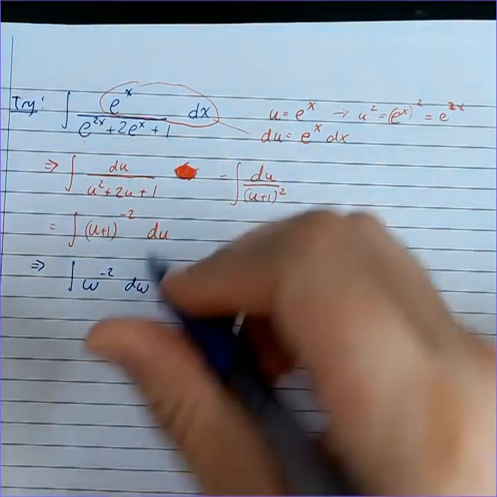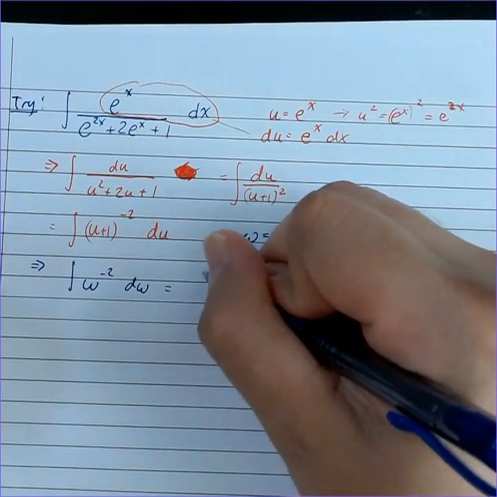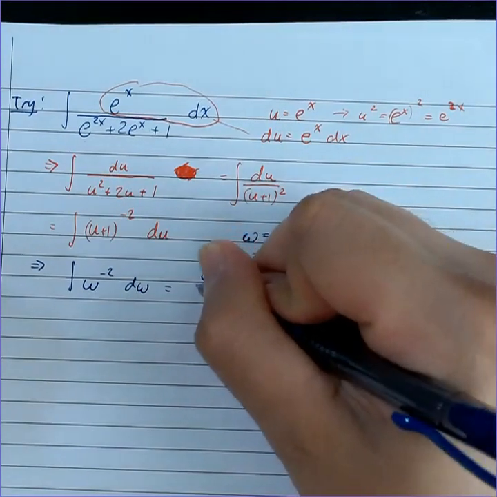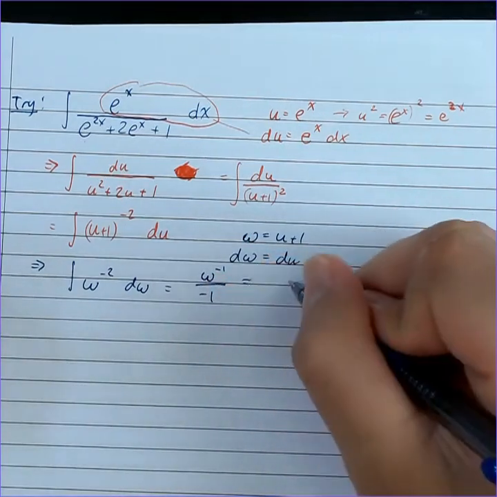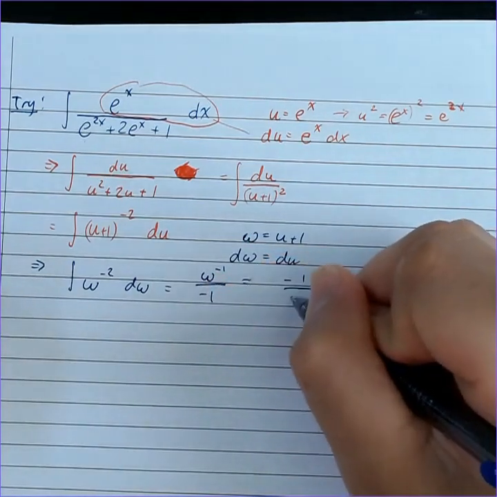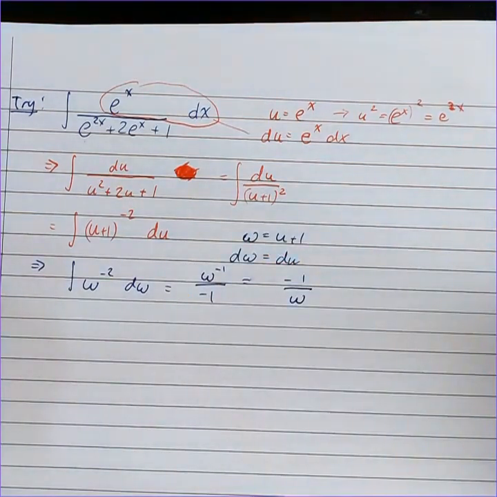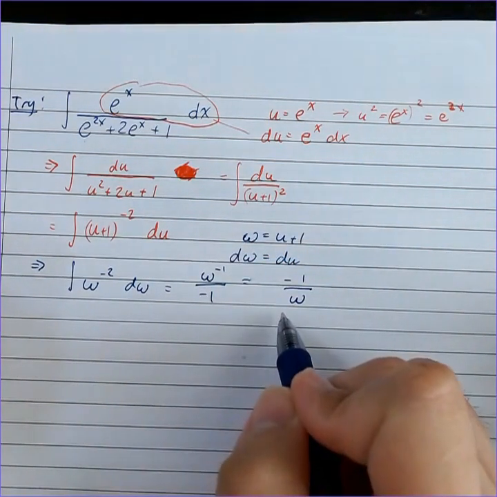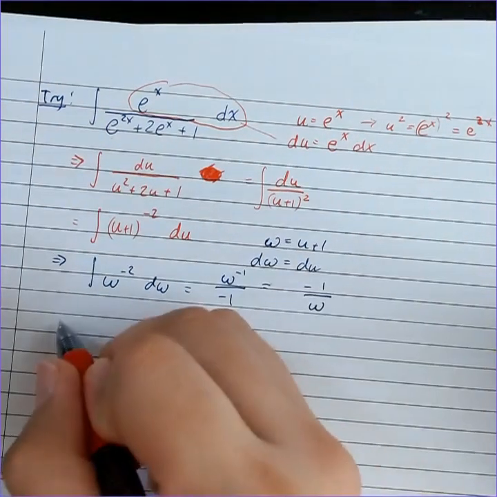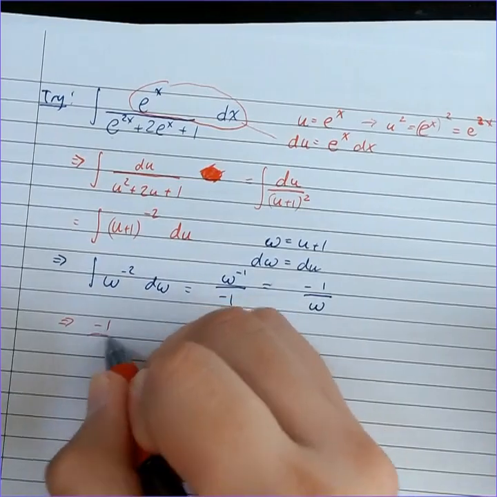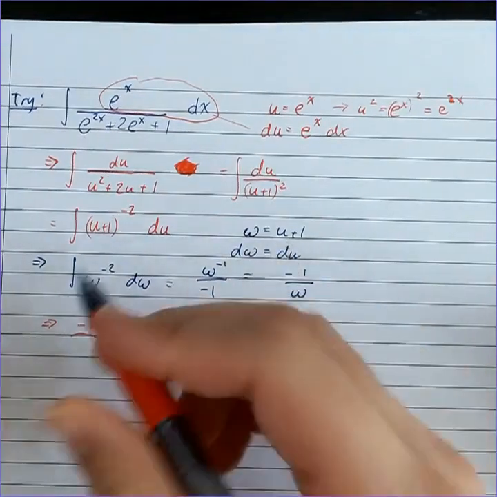Okay, so now how to do that. This one, using the power rule, I can add 1 to the power. So that's going to be w to the minus 1 over, divide by the new power, which I can always write as negative 1 over w. Okay, but now I can back substitute. Because, of course, that means that I get negative 1 over, w is a stand-in for u plus 1.